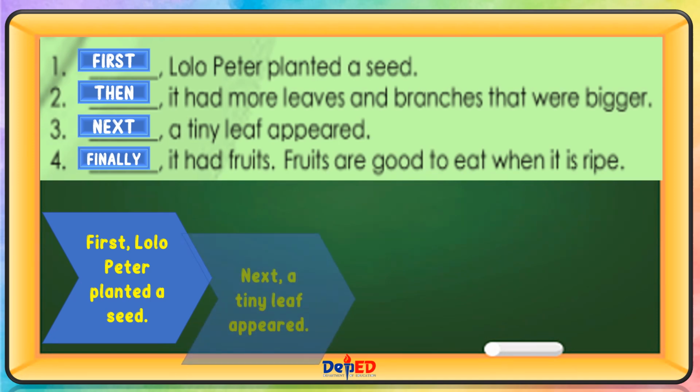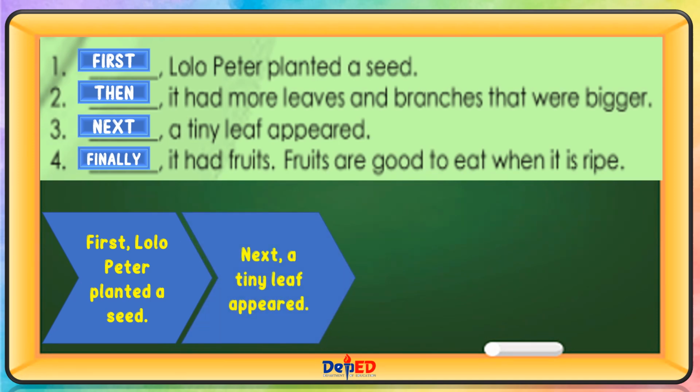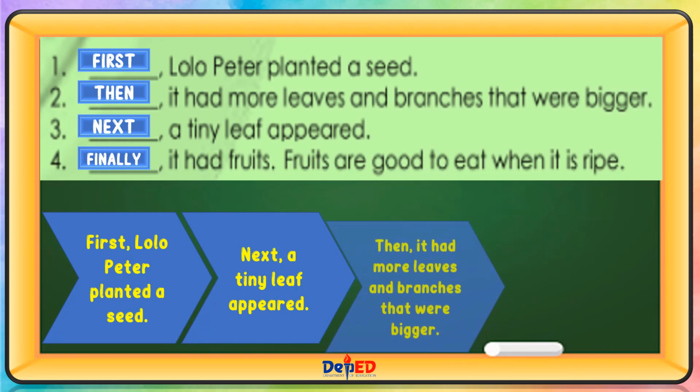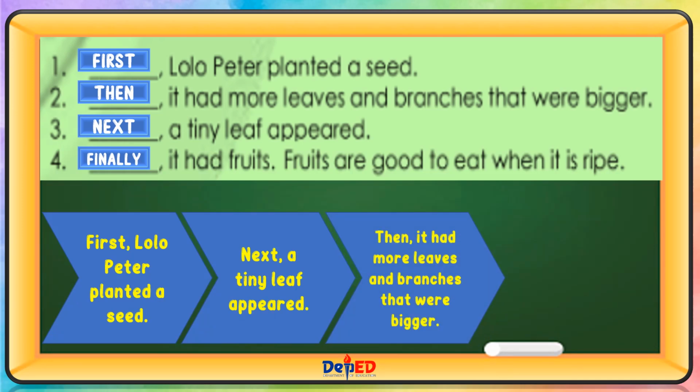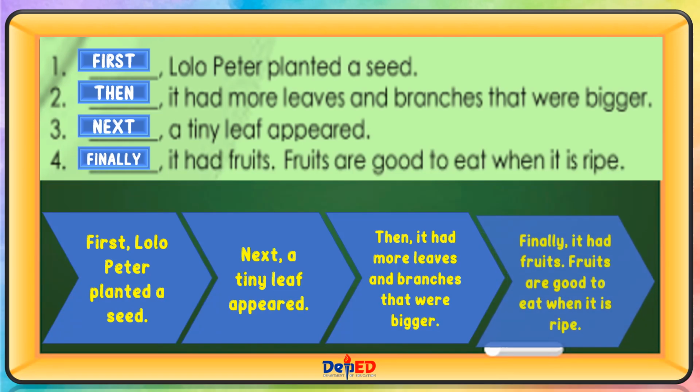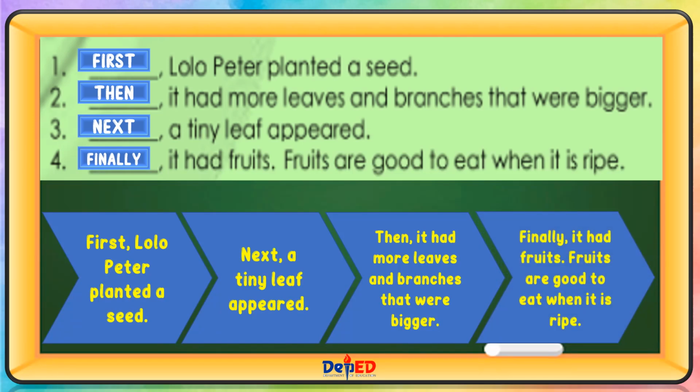Next, a tiny leaf appeared. Then, it had more leaves and branches that were bigger. Finally, it had fruits. Fruits are good to eat when they are ripe.